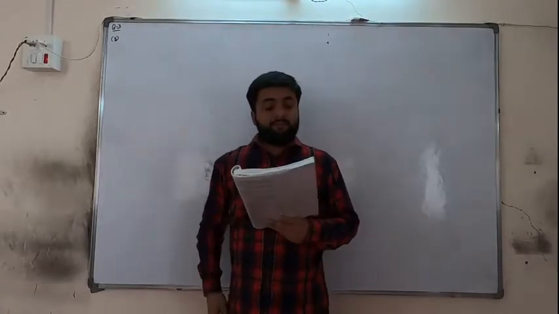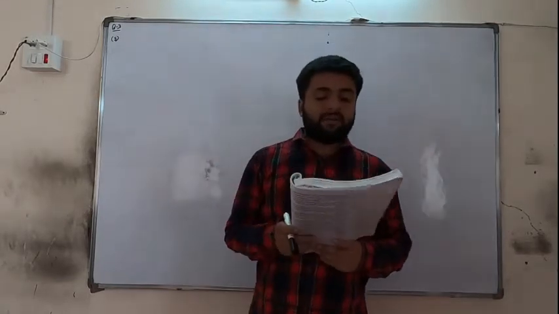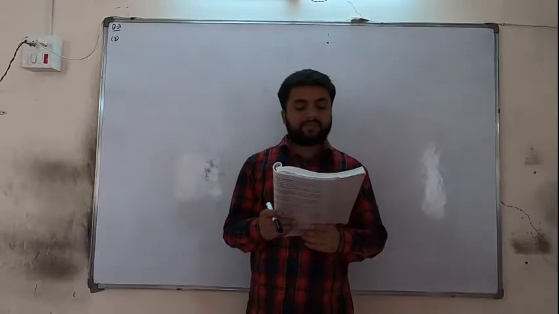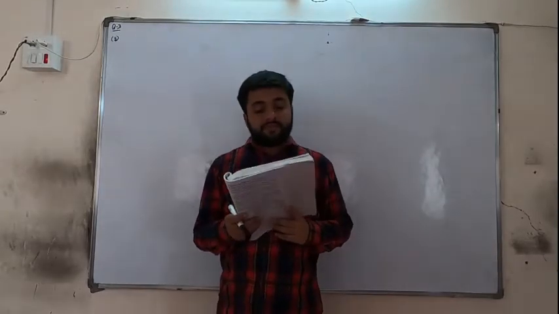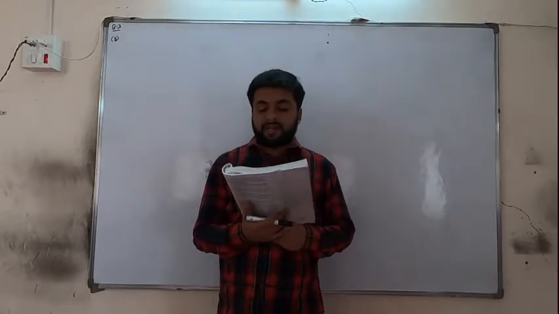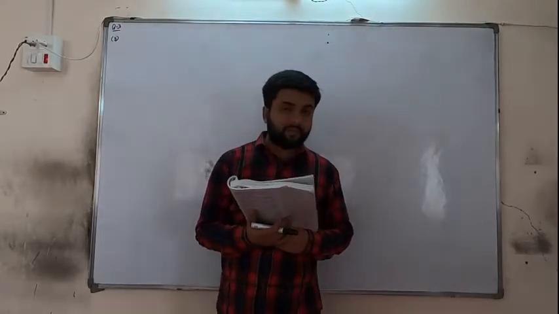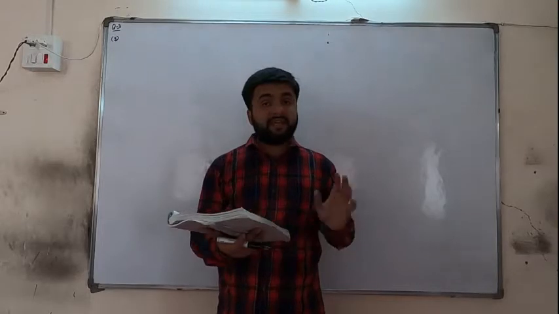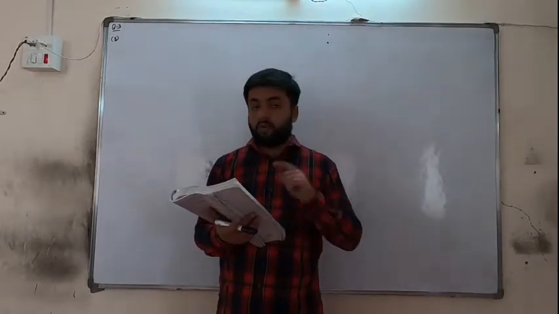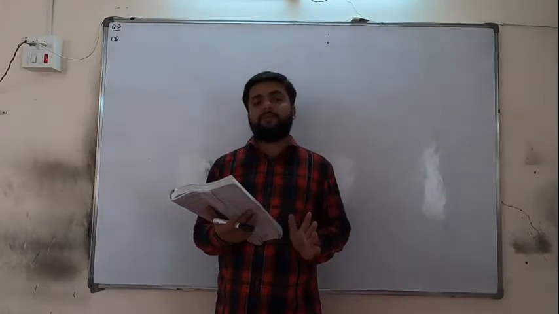Okay. P, Q and R are partners sharing profit and loss in the ratio of 40%, 20%, 20% respectively. Q is retiring, P is acquiring 3 by 20 and R is acquiring 1 by 20 from Q's share. See friends, again I would like to say gaining shares are given, old ratio is given, but we will make it proper.